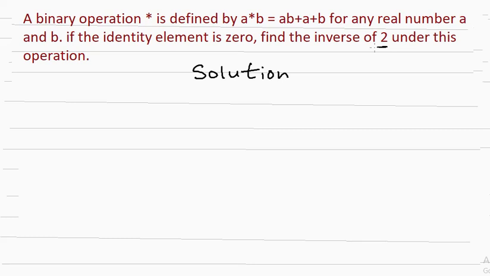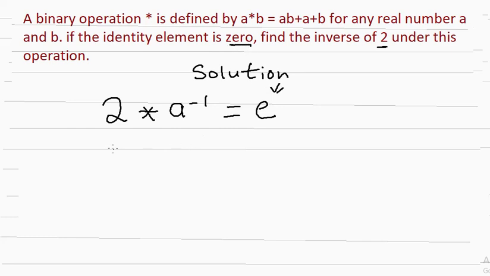You know very well that the inverse of any element under a binary operation, 2 times its inverse, is supposed to give us the identity element. The identity element is said to be 0.